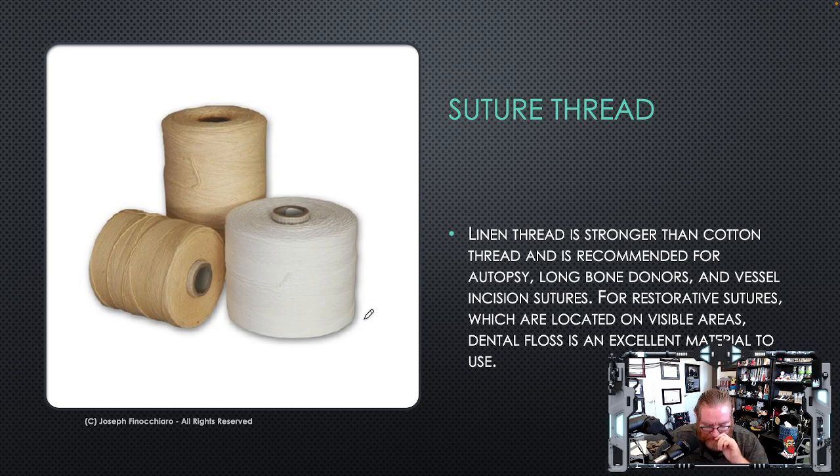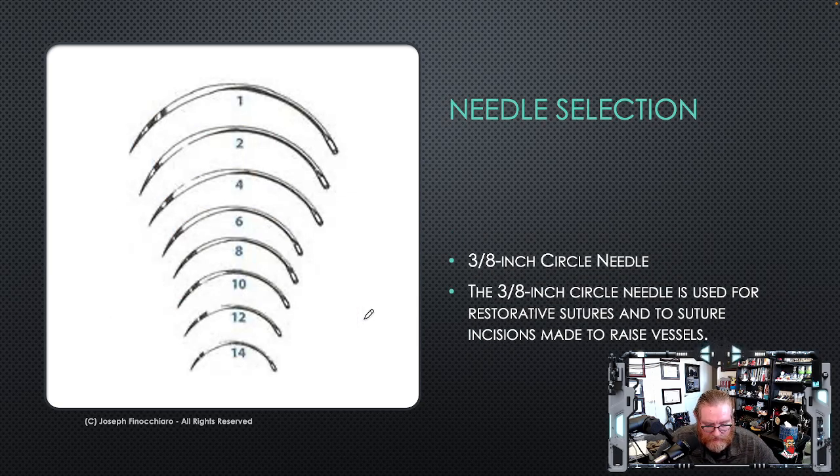When it comes to suture thread, linen thread is stronger than cotton thread and is recommended for autopsy, long bone donors, and vessel incision sutures. For restorative sutures, which are located on visible areas, dental floss is an excellent material to use. So what type of needle should you be using? Well, everyone has a preference for this.